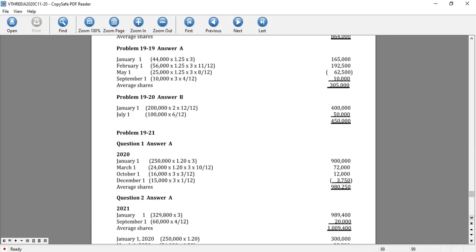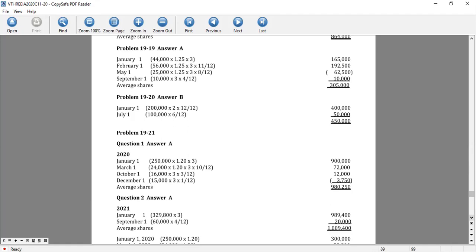Then on October 1, sold 16,000 shares. So 16,000 shares times 3, why is it not affected by the share dividend? Because the share dividend was on July 1. While this one, sold 16,000 shares, occurred in October, it is still affected by the split up. So we multiply it by 3, and 3 over 12 is from October 1 to December 31.